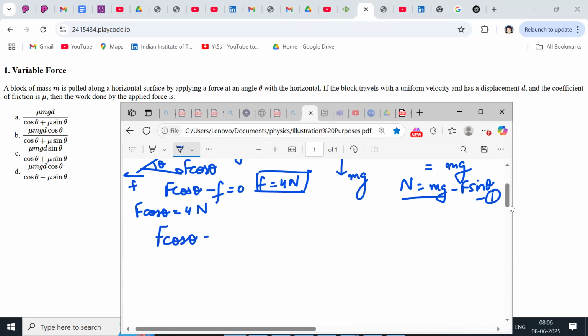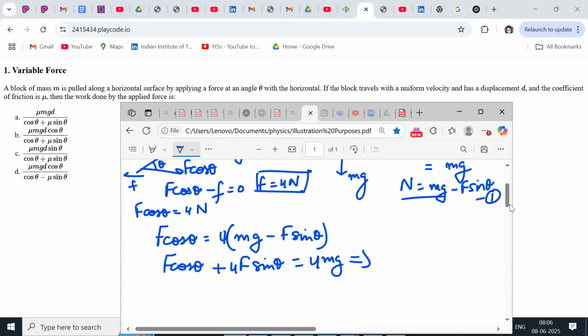F cosine theta equals mu times mg minus F sine theta. And I can bring all the terms with this capital F onto the left-hand side. F cosine theta plus mu F times sine theta equals mu mg. And this will give me a value of mu mg upon cosine theta plus mu sine theta for F.